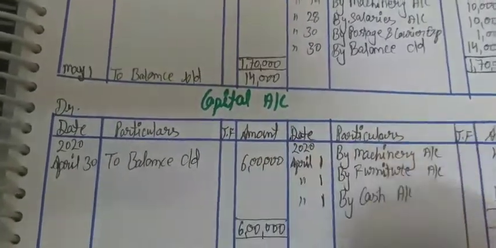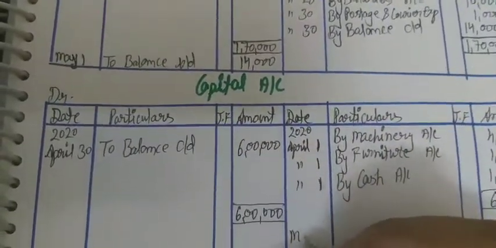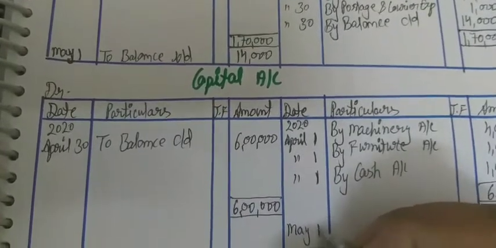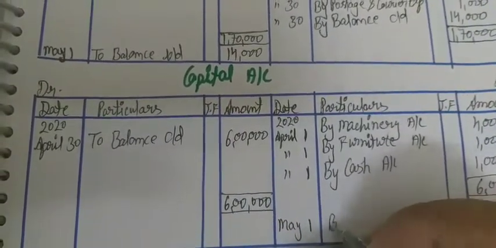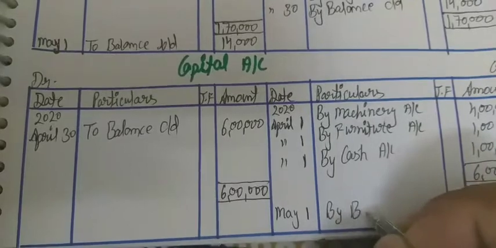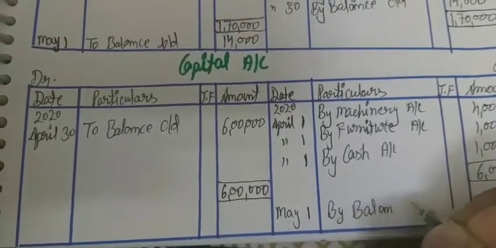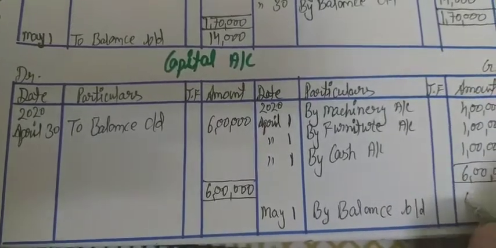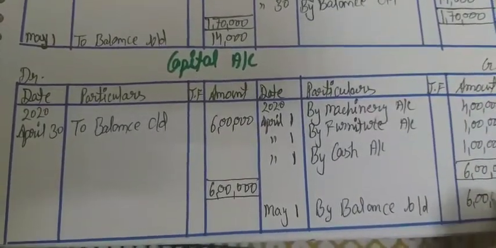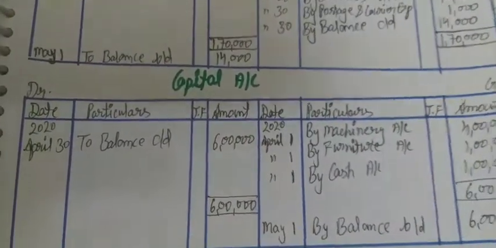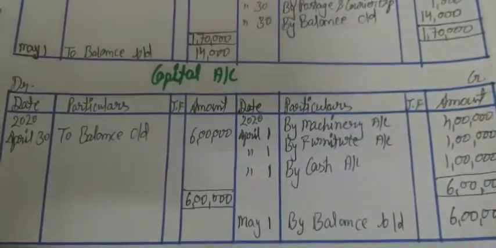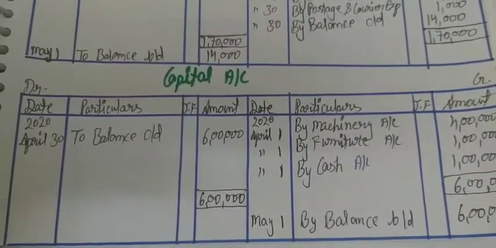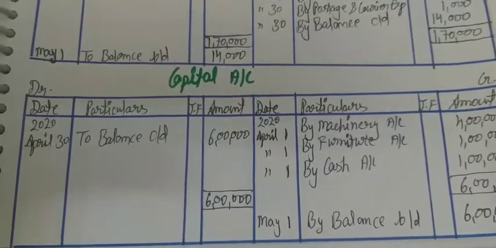Now this balance will transfer on the next month's first date, May 1st, by balance BD of rupees 6 lakh. Okay students, so the capital account is also prepared and completed.